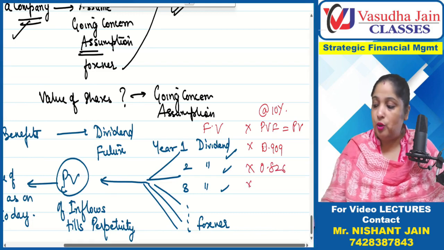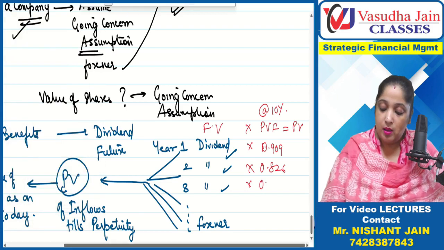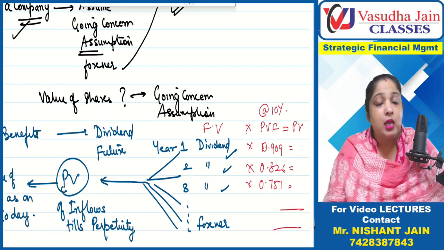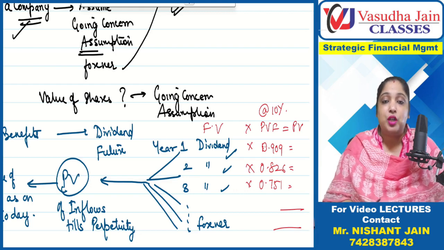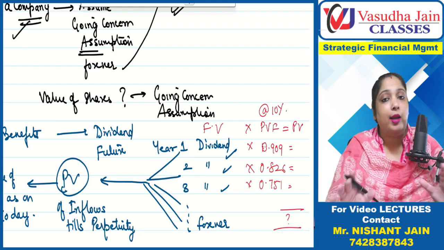Similarly, equal to again, 0.751. You will multiply, you will get the present values, and then this is the present value of these future dividends. So hence this is the present value of the share, the value of the share as on today, the justifiable value of the share.